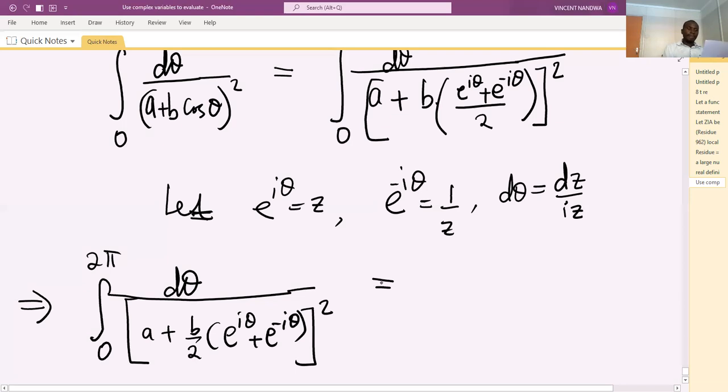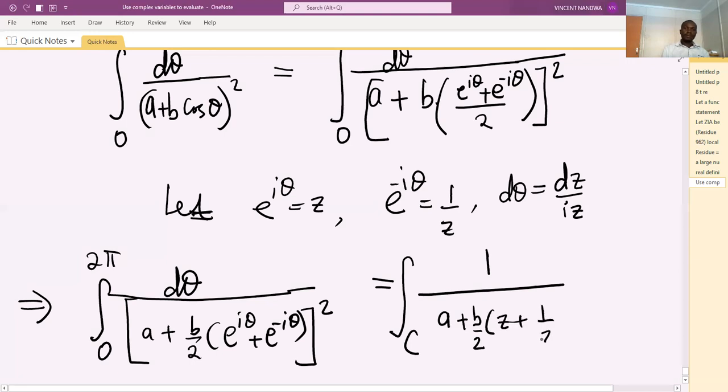Whenever you change into the new variable z, then we are now working with contour integration. So given by now 1 over (a plus b/2 into (z plus 1 over z)), and then you square. So d theta, you put dz over iz.